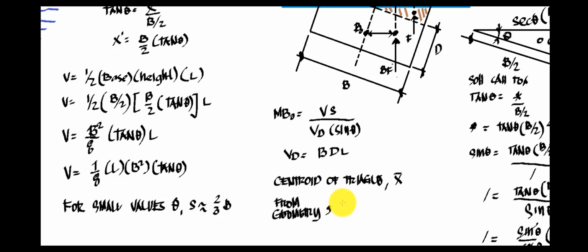Now from the geometry, the x bar is equal to x1 plus x2 plus x3, divided by 3.